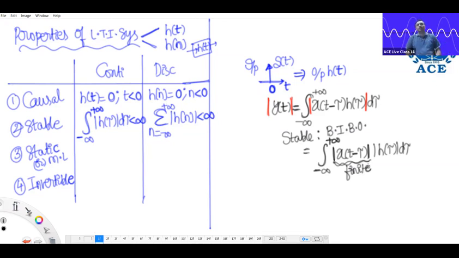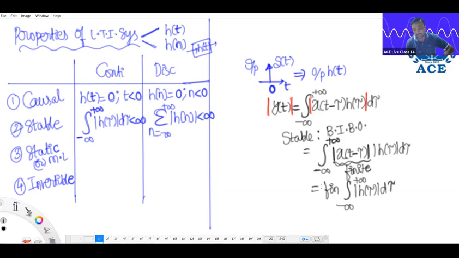To give an example, u of t is a bounded input with amplitude 1. u of t minus 4 also has amplitude 1 only. Even if we delay the signal, it does not affect the amplitude. So once we feel mod x of t is finite, mod x of t minus 2 is also finite. So some finite quantity times this is the integral we are left with.